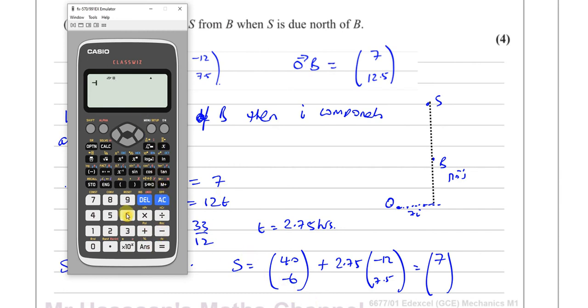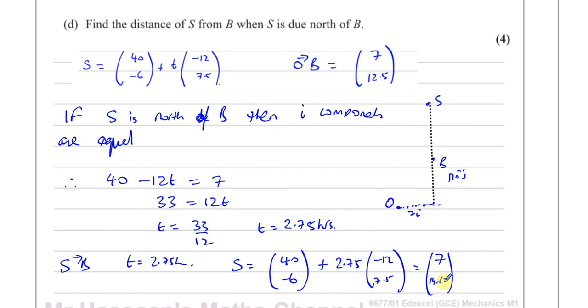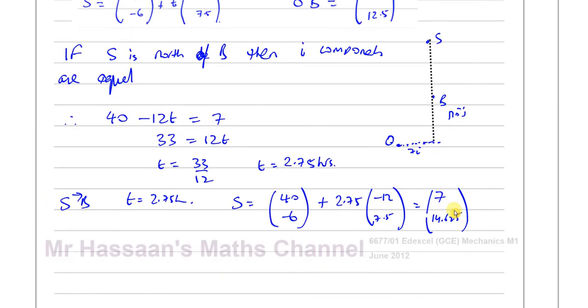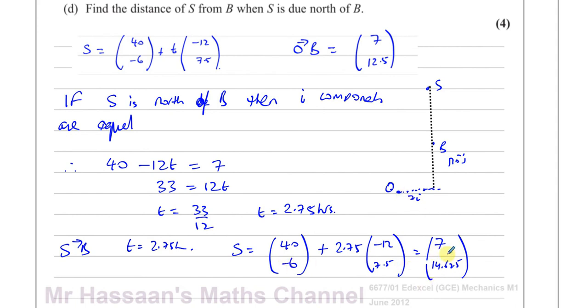We've got minus 6 plus 2.75 times 7.5, which is 14.625. So that is the vector that takes us from O to S.